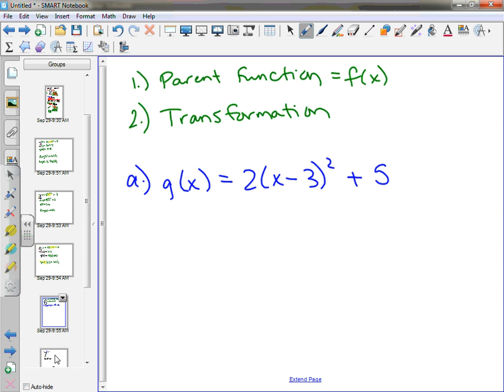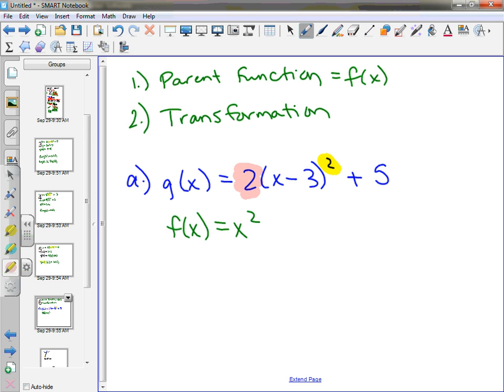Okay, the next one is your parent functions. This is the next part of the test. You have to have a parent function and tell me the transformation. So your parent function is going to be your f, and then I give you g. So what function deals with the squared? Well, the function that deals with the squared is going to be x squared. That's your parent function. Now what's the transformation?